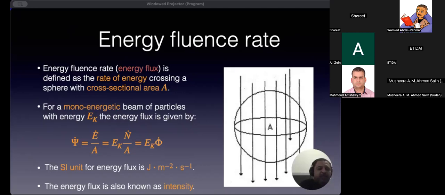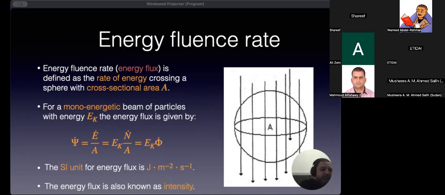Essentially, the energy flux is going to equal the energy of the particles multiplied by the particle flux. And the SI unit for energy flux is therefore joule per meter squared per second.